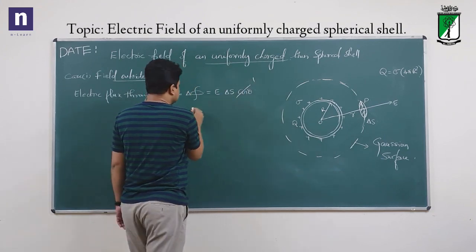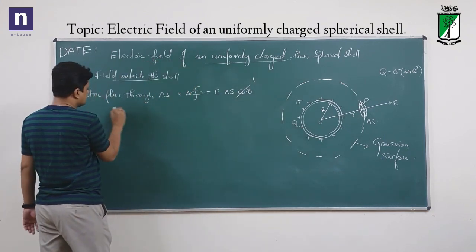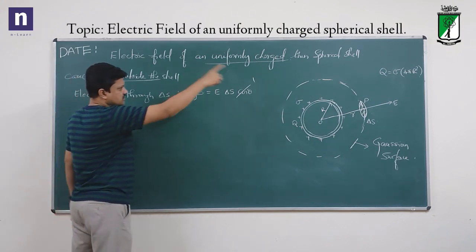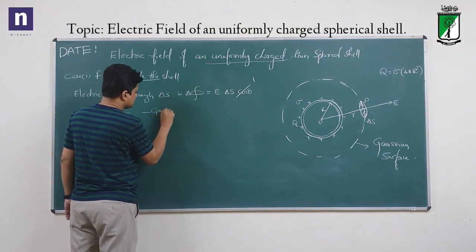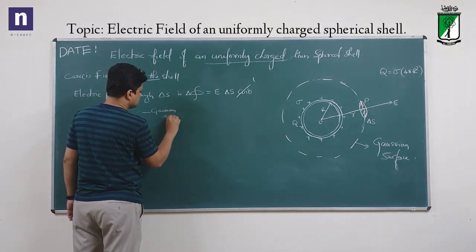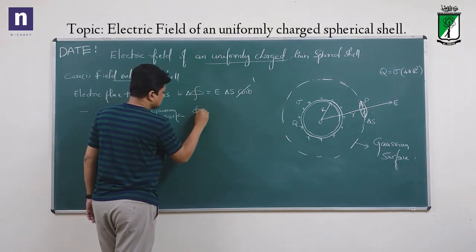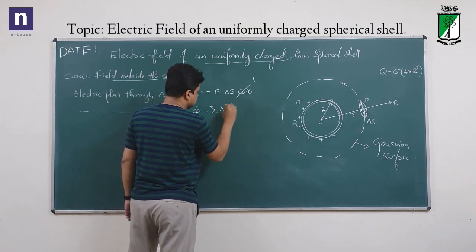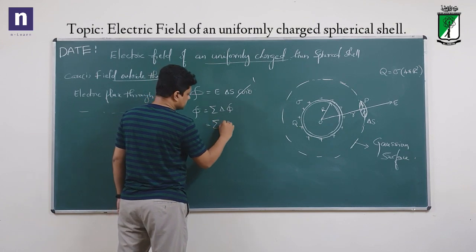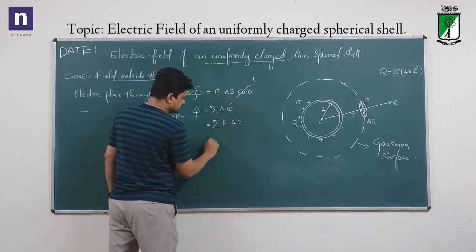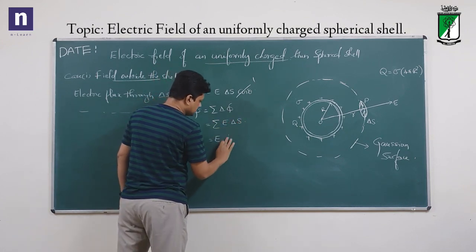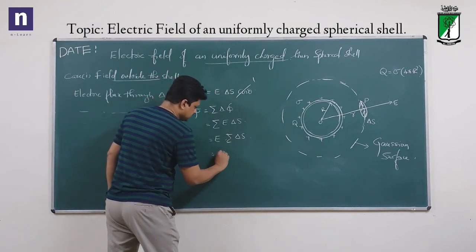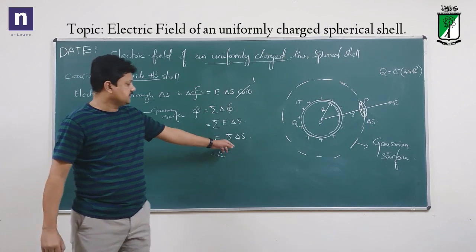Now you can say the total flux through the complete Gaussian surface is phi equal to summation delta phi, which is equal to summation E delta S, which is equal to E into summation delta S. Now what is summation delta S?